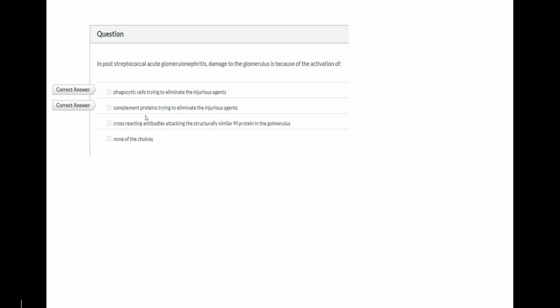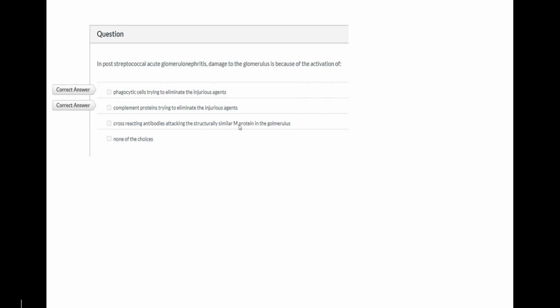Complement proteins will be activated in order to eliminate the antigen antibody complex. Likewise, phagocytic cells will also be activated to eliminate the antigen antibody complex. Cross-reacting antibodies is not the answer for acute glomerulonephritis because cross-reacting antibodies attacking the structurally similar M protein is the mechanism of rheumatic fever.